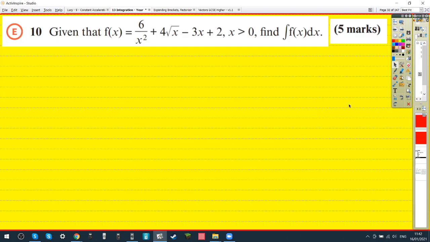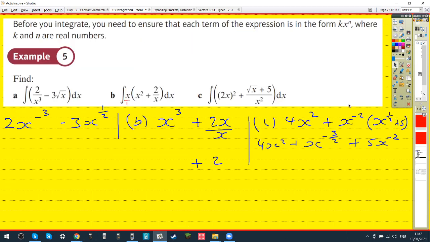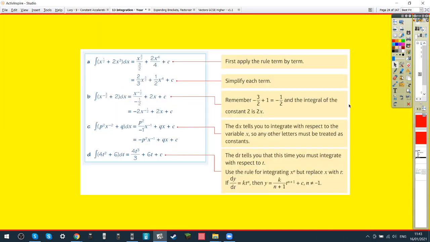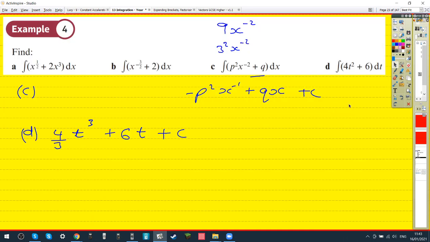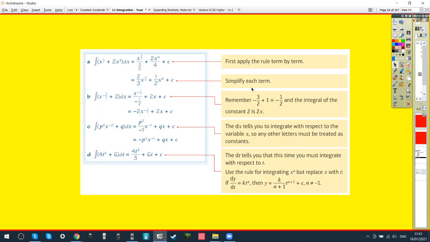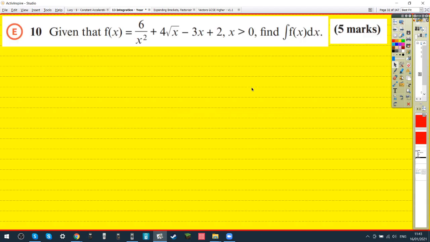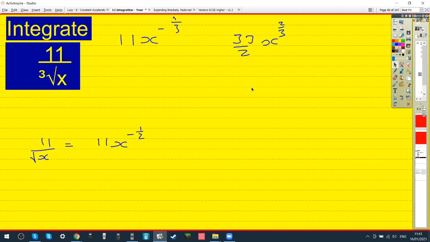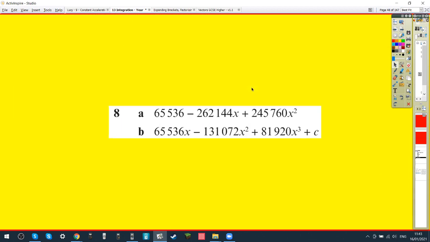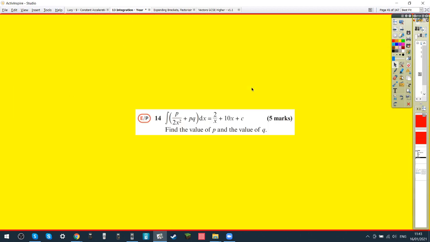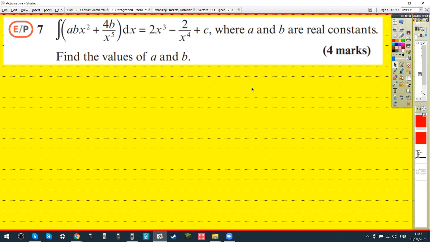This reminds me of all the way back here. This one here, part C, where P is just a number, Q is just a number. And you're just integrating with respect to X. So it'd be a third x to the power of 3.